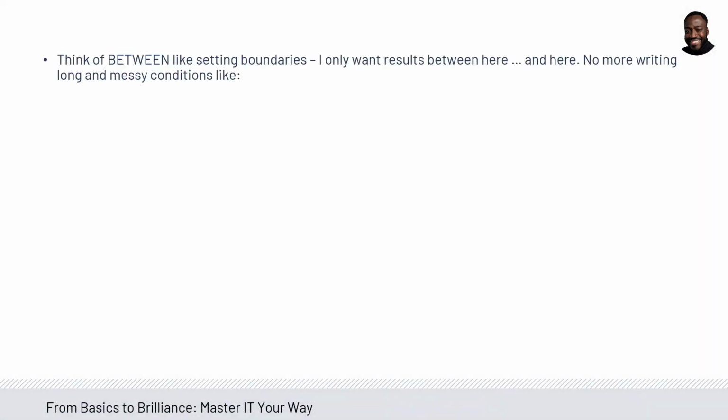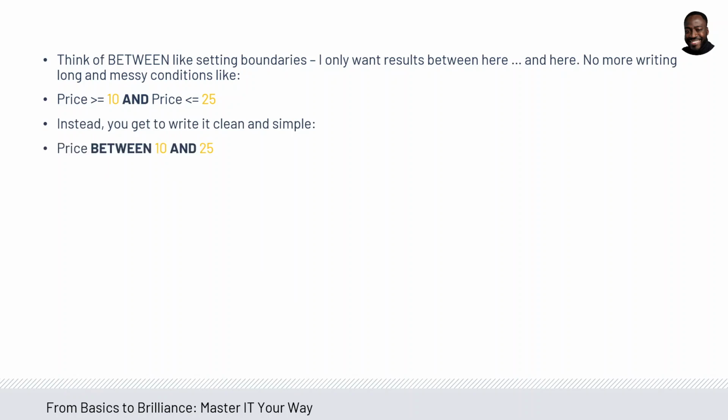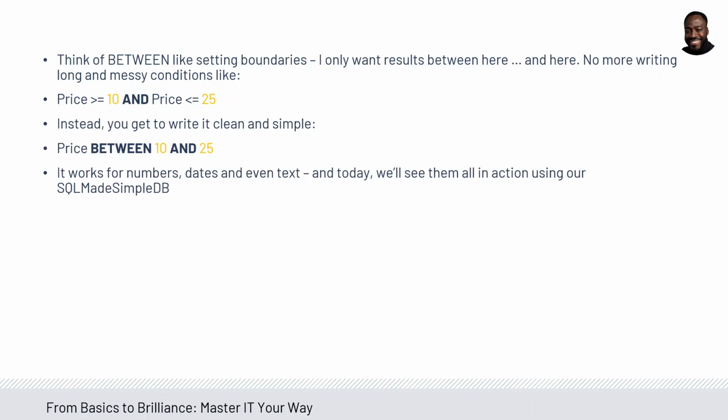Think of BETWEEN like certain boundaries. I only want results between here and there. No more writing long and messy conditions like price greater or equal to 10 and price less or equal to 25. Instead, you get to write it clean and simple, like price BETWEEN 10 AND 25.